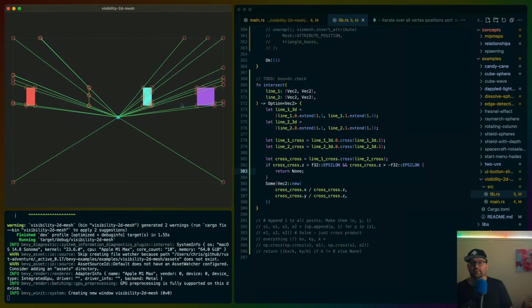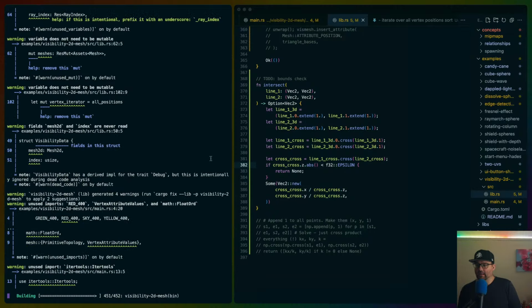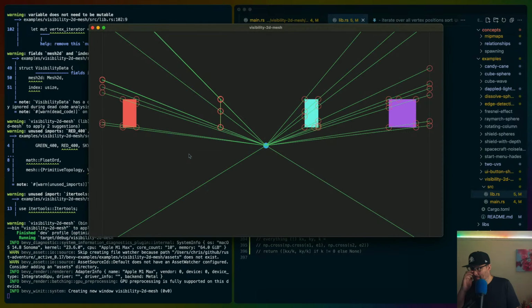Abs cross Z. Oh, yeah. That's how people usually do it, right? I don't know why that doesn't stick in my head. I always end up doing this extended if expression or if test instead of writing abs and checking. I don't know, it just doesn't stick in my head.